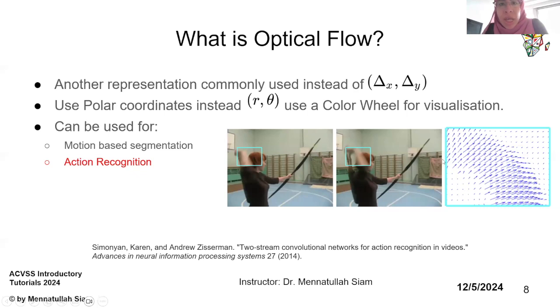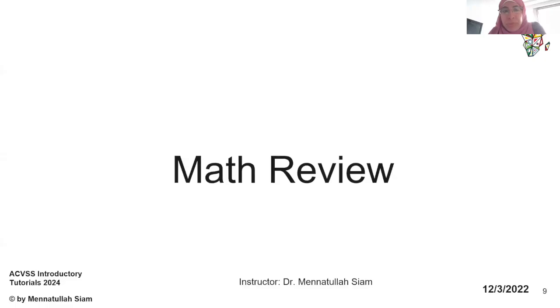So this is how important it is to understand, especially if you're going for video understanding. Does anyone have any issue understanding the basic concept, like what optical flow is, and why it indicates apparent motion in 2D between two consecutive frames?